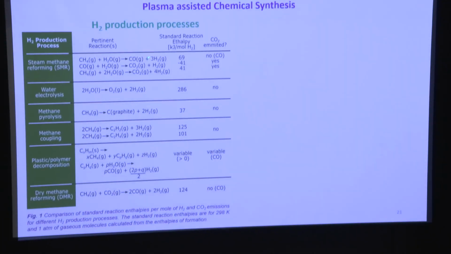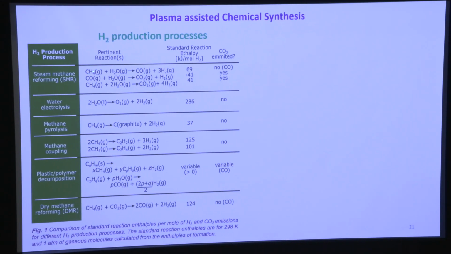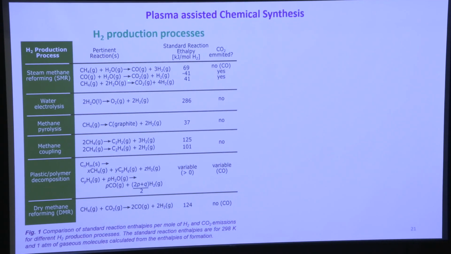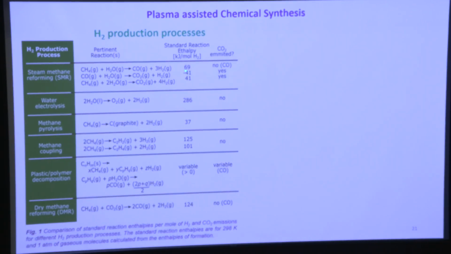The way you produce hydrogen is by steam reforming, from methane and water to CO and hydrogen, and then the water gas shift to make CO2. If you look at the whole enthalpy of this process, it requires 69 kilojoules per mole of hydrogen.